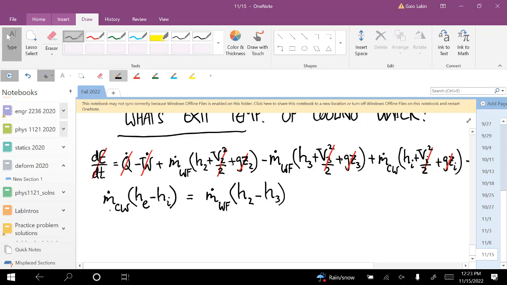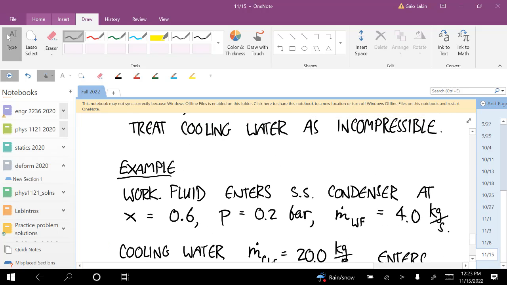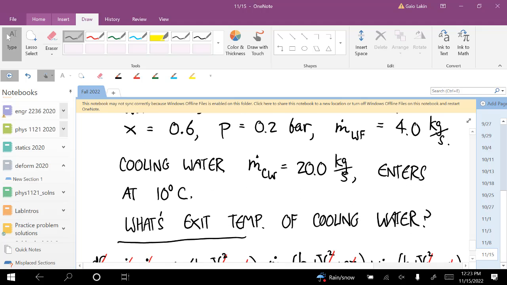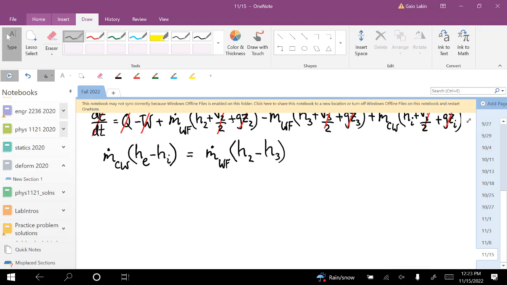The mass flow rate of the cooling water is 20. Mass flow rate for the working fluid is 4. I think that's what I said, right? Okay, so we have He minus Hi is equal to 0.2 times the quantity H2 minus H3.